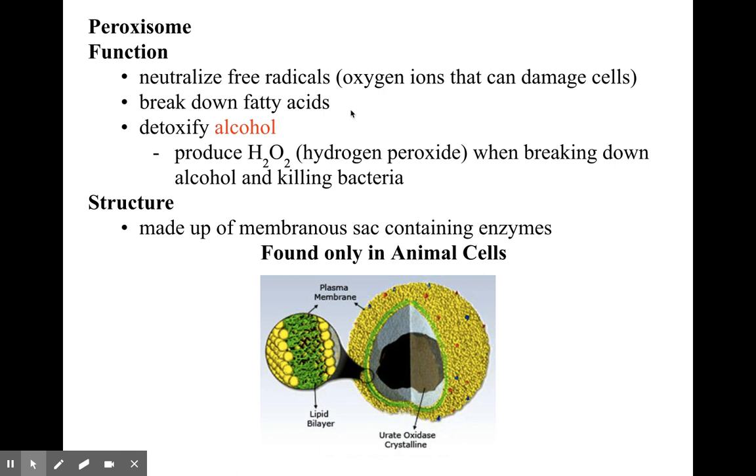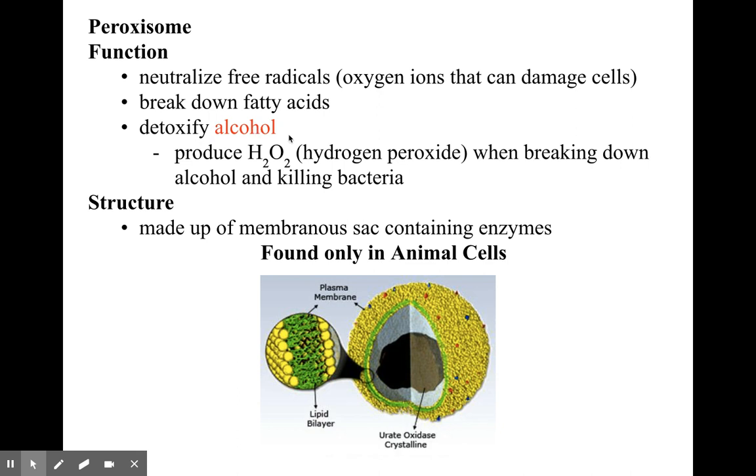They also break down fatty acids, which can then go to the mitochondria to help make ATP. And they specifically detoxify alcohol. Your SER also helps detoxify alcohol and other drugs, but specifically the peroxisome, you might have extra peroxisomes for alcohol.